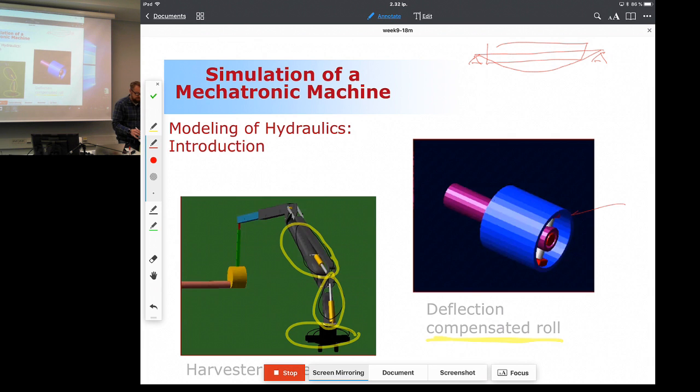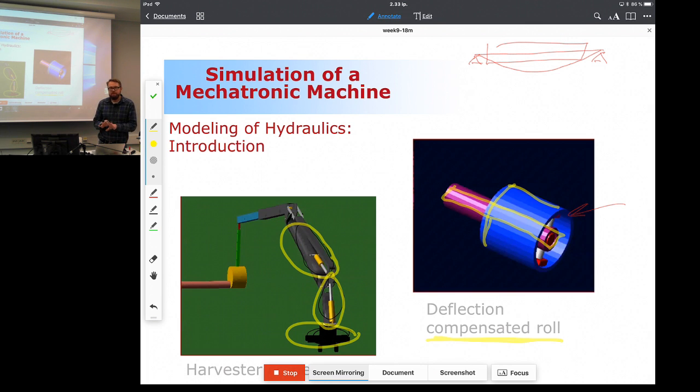And this is a special roll that is made in order to compensate the deformation due to gravity. How does it happen? There's a shaft, this one here, that is standing still, so it's not rotating. Then there's a shell, and the shell is the one that is rotating, and that is pressed against another roll.